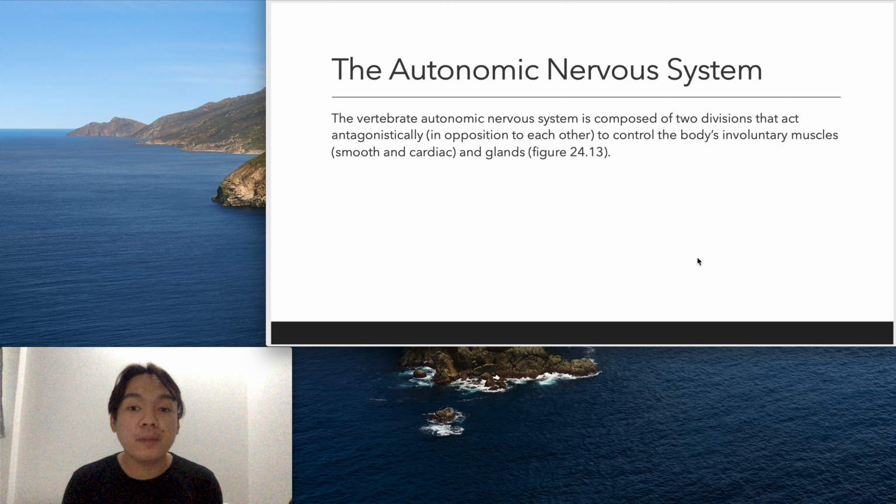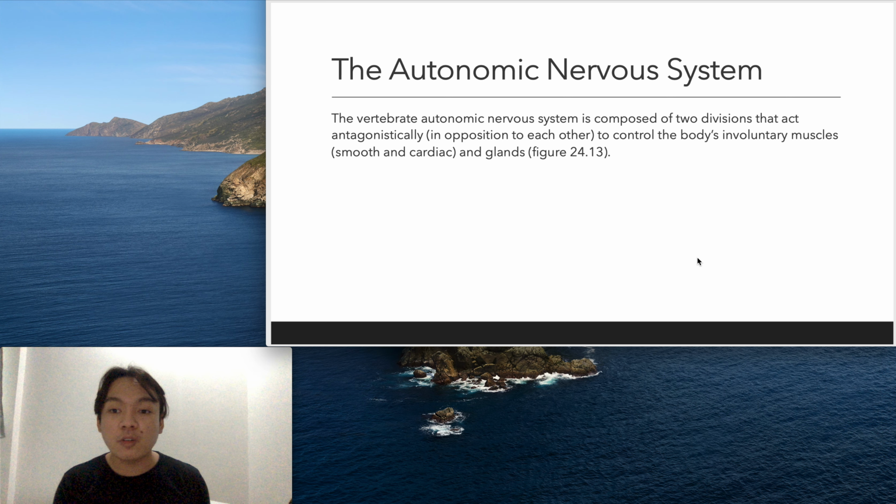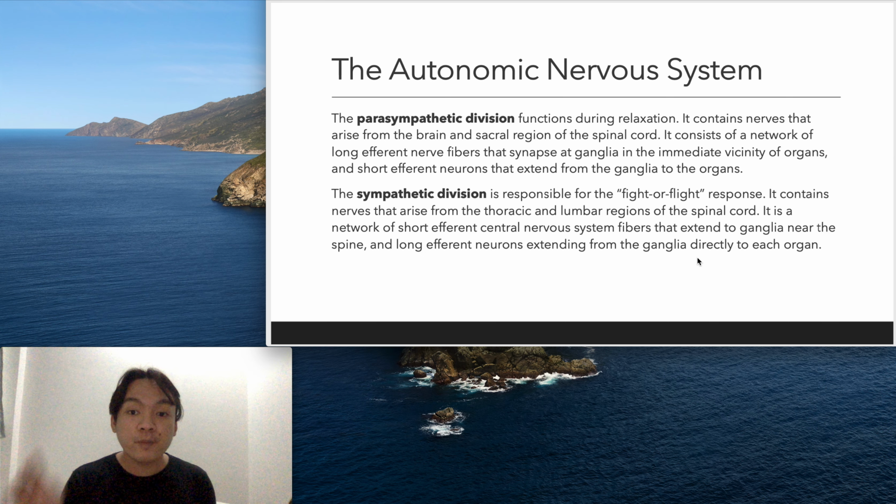So we have the autonomic nervous system. We have two divisions that act antagonistically, right, or in opposition to one another, to control the body's involuntary muscles, so smooth or cardiac, and glands. We have the parasympathetic division and the sympathetic division. So let's talk about the parasympathetic.